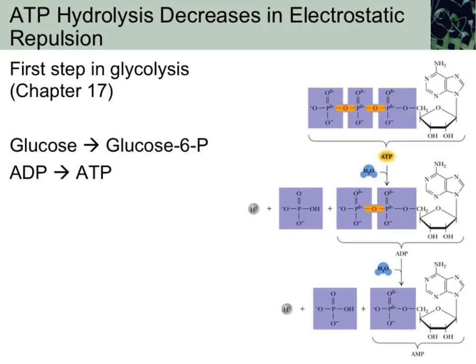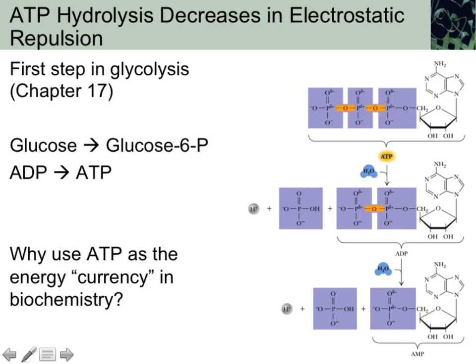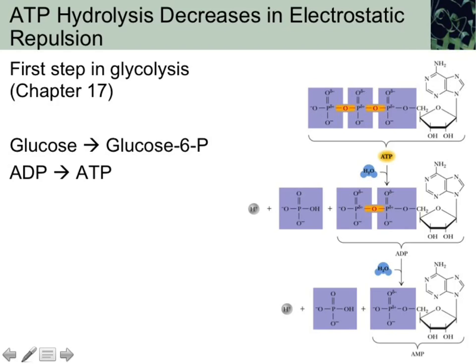If we take a look at glucose to glucose 6-phosphate, this reaction has a delta G of positive 14. I don't really care about the units. I think it's kcals per mole. Is this reaction one that's likely to occur on its own?